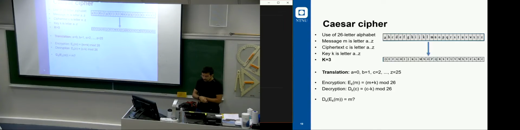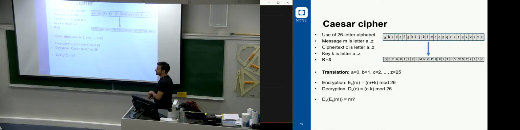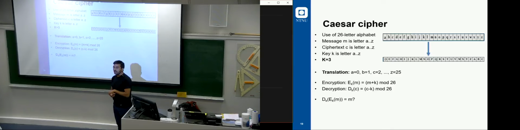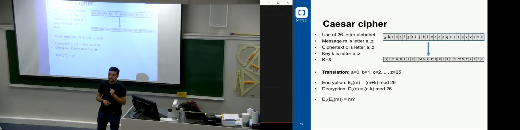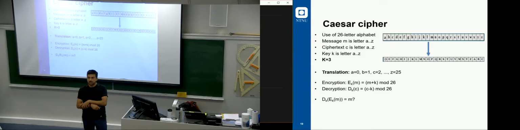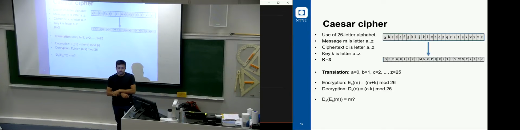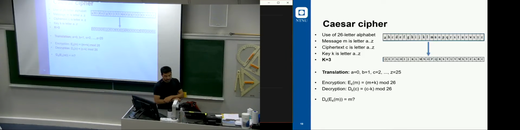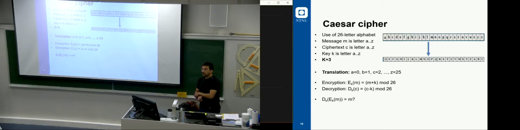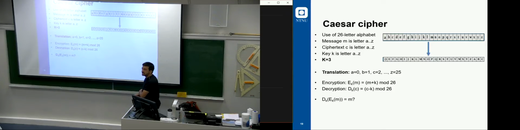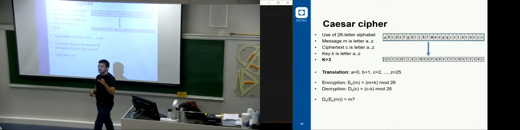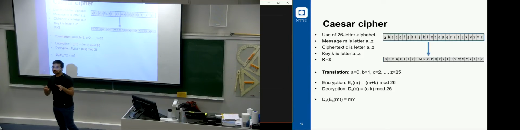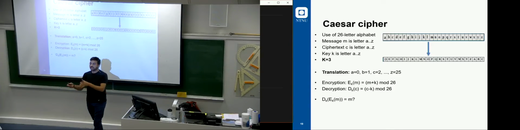Okay? Then for decryption, same thing. He took the message and subtracted the key from it and calculated the modulo of that with 26. Okay? Then we can say that if I have an encrypted message, I will use the key. After subtracting it from that message, I will get the actual message.